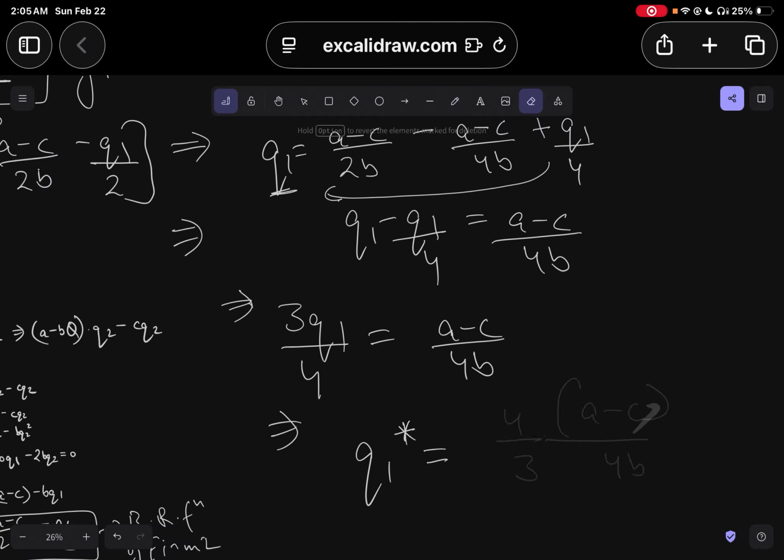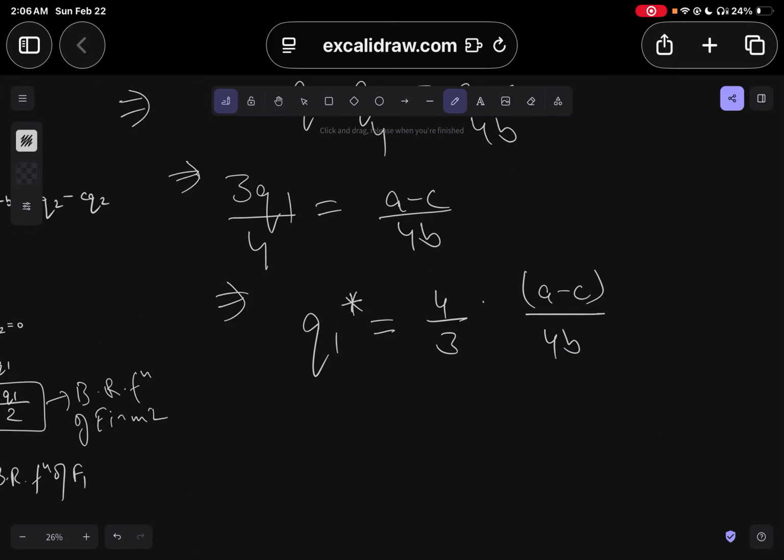I think I should write it properly: 4 by 3 multiplied by A minus C upon 4B. And this will be nothing but A minus C upon 3B, because 4 cancelled 4.